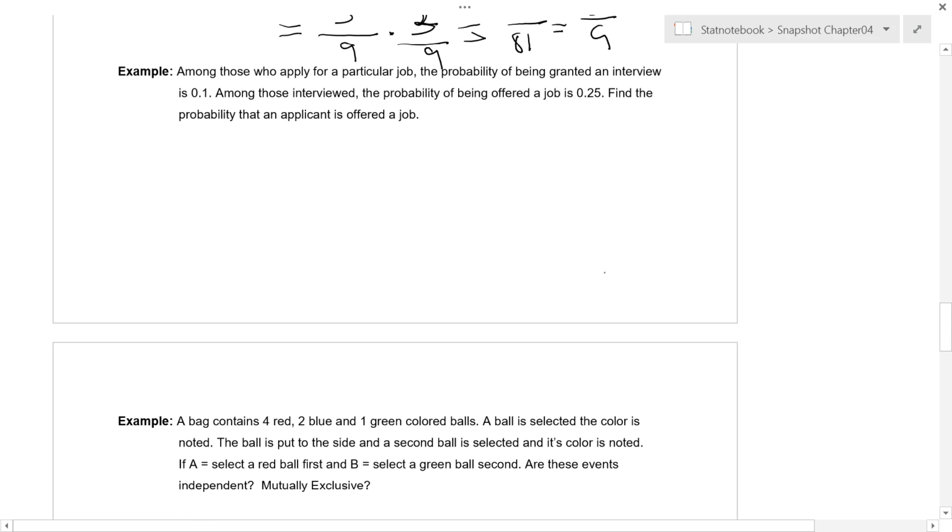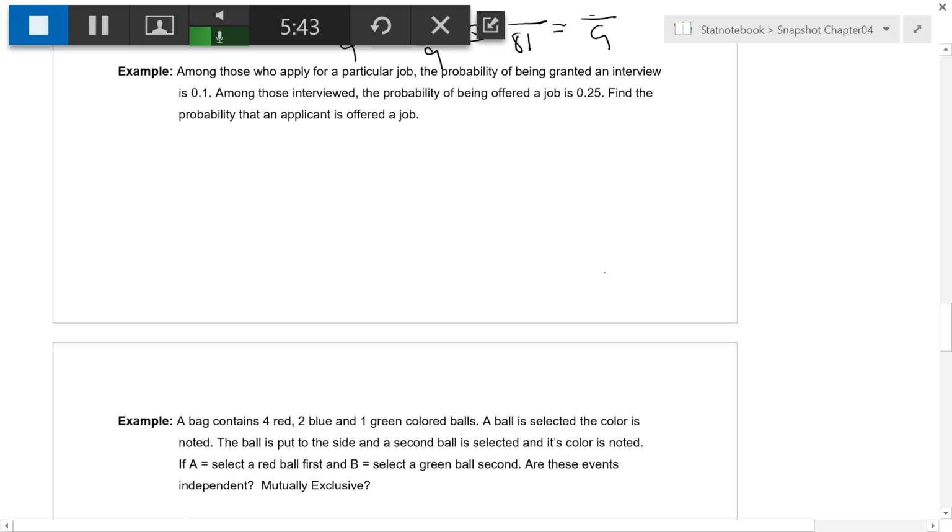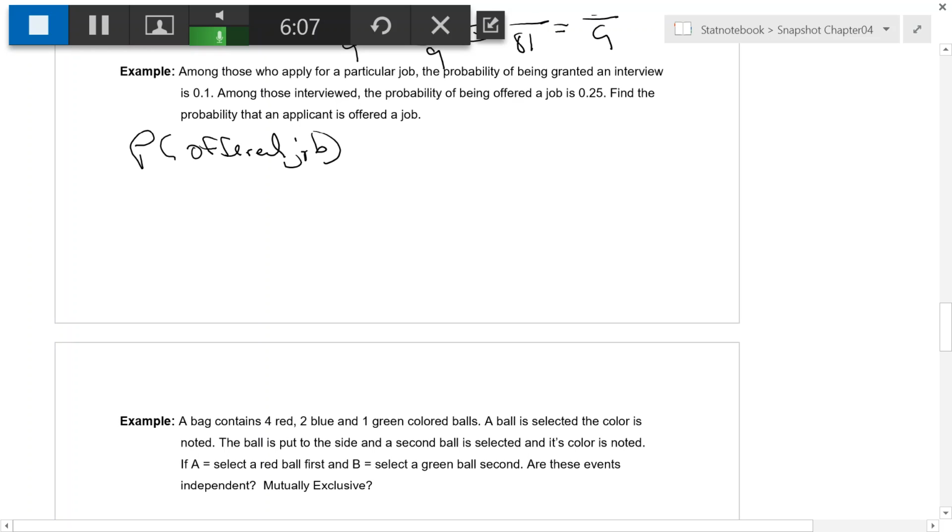Next question. Now this problem is a little bit tricky. You have to be aware of things, okay? If you read the problem, we're trying to find the probability they're offered a job, right? Well, if they're going to be offered a job, 2 things have to happen. They need to have an interview, right? And they need to be offered a job.